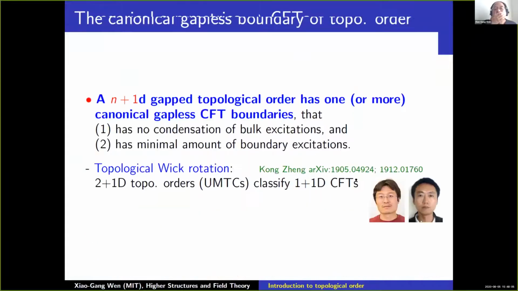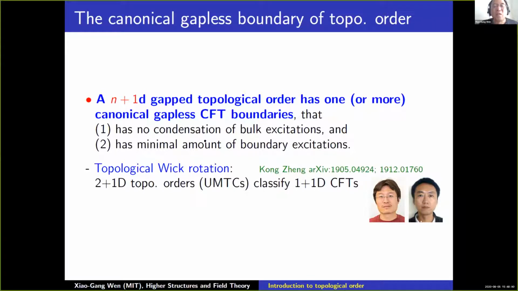Okay, so actually this idea is put in a very general form in terms of topological holography. For every topological order, we can have a boundary that does not have any condensation, and this boundary is gapless. But simply saying the boundary has no condensation does not uniquely determine the boundary, because you can always stack an anomaly-free boundary onto the boundary of a bulk.